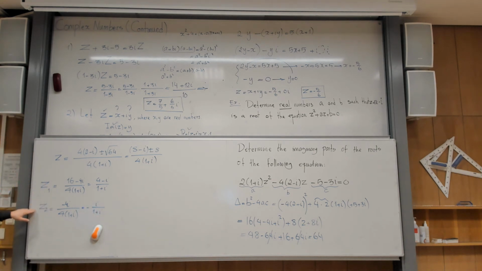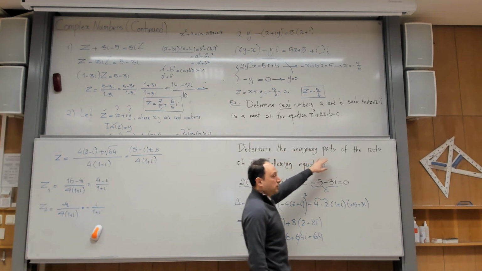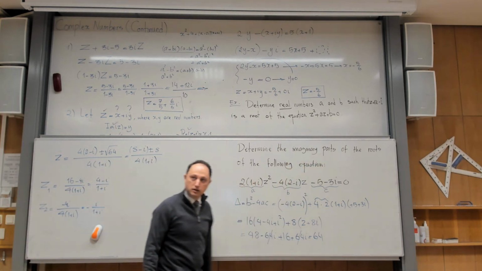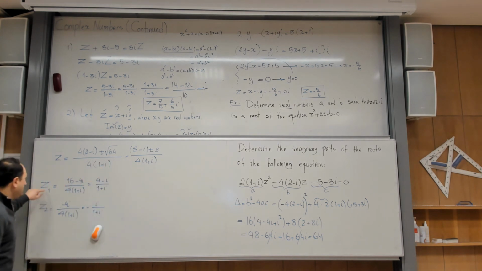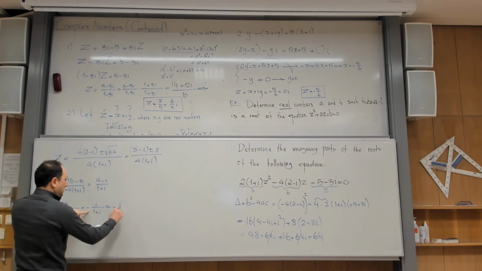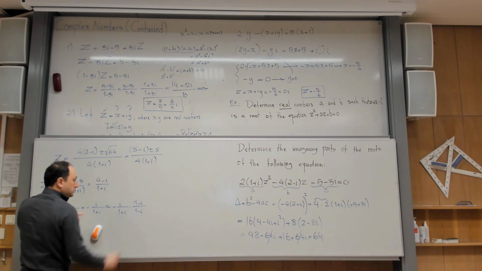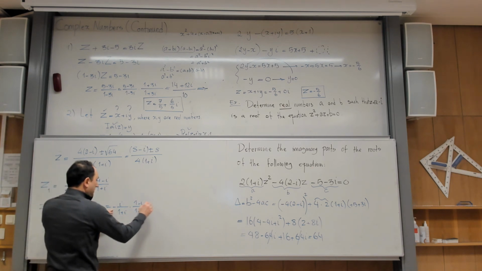Of course, the problem is not finished because they are asking about the imaginary parts of the roots, but this is a standard problem. Because I'm a little bit lazy today, I will not do this, I will only do this simple one, okay? So if I want to find that, what should I do? As usual, I have to multiply by the conjugate, yes? So then what happens?